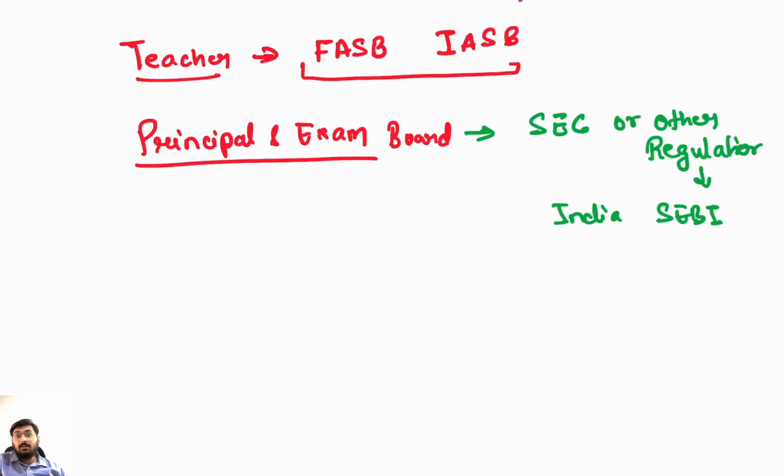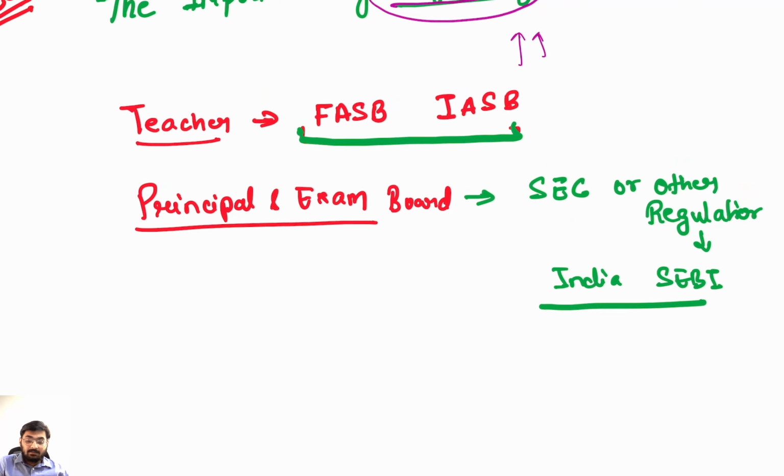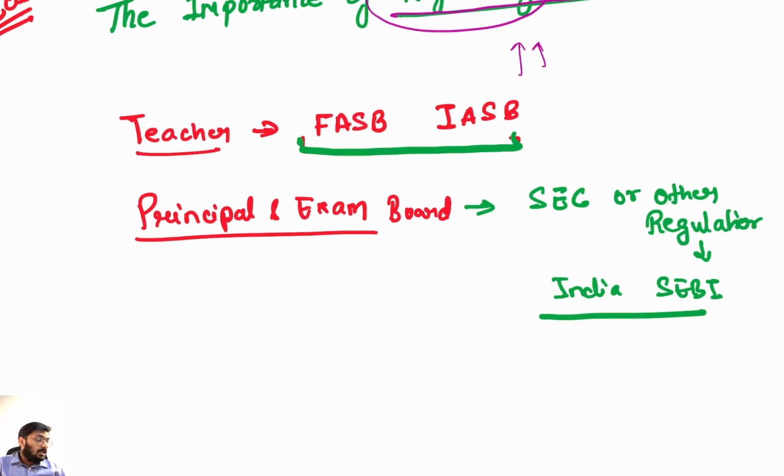So they are going to make sure that students, meaning the companies, follow the rules which have been created by FASB. What is FASB? Write down: Financial Accounting Standards Board. What is IASB? The International Accounting Standards Board.